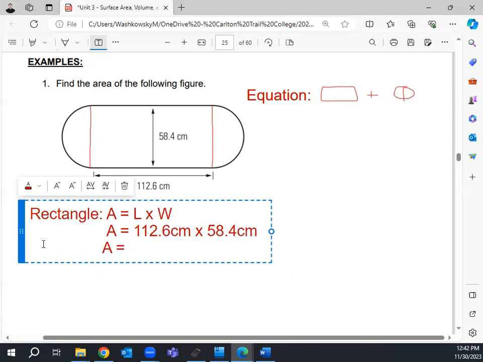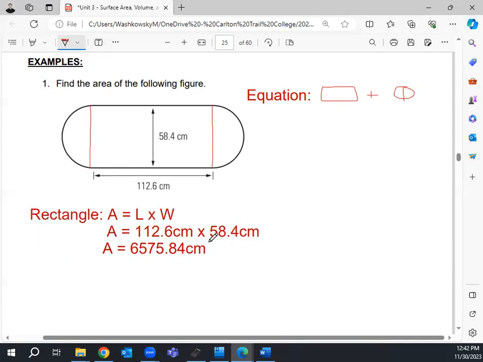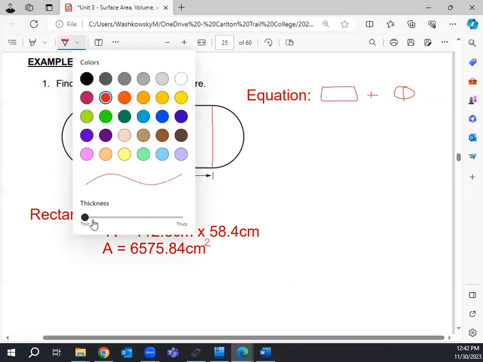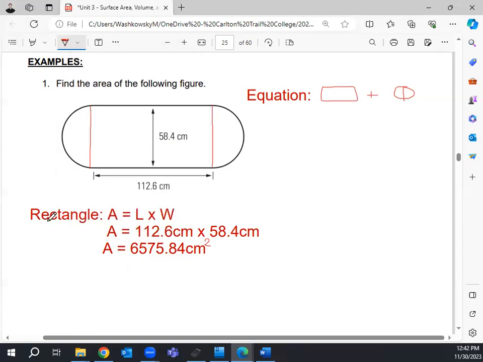Again, the math itself is not hard. You just go to your calculator, you put in 112.6 times 58.4, and you should get 6,575.84 centimeters squared. Make that a little bit bigger.